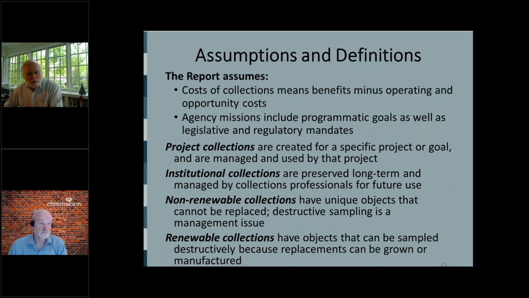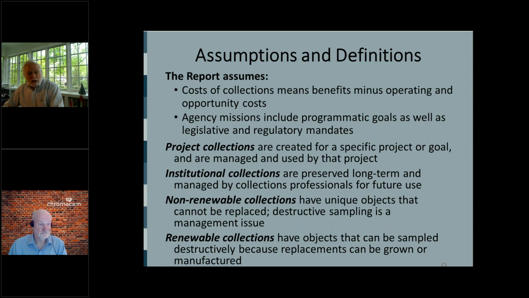Now the definitions, we recognize 4 types of collections. Think of this as a 2x2 matrix. Project collections are those that are generally in somebody's lab. They were collected or amassed for a particular goal or a project, and they stay in that status until the project is over or somebody retires or dies.